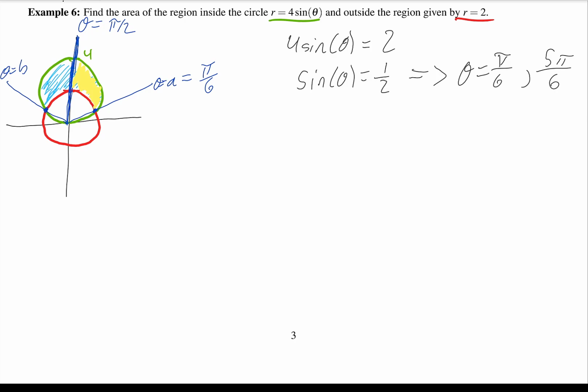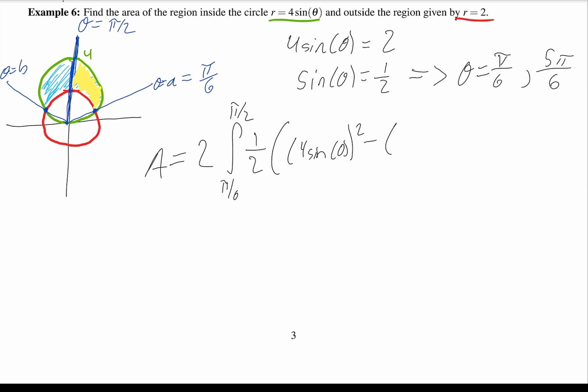Okay, so just like I was saying before, our area will be 2 times the integral from pi over 6 to pi over 2. And now we use our formula, which is that this should be 1/2 times, so we take the function with the bigger radius, so that's our green one, so that's 4 sine theta, and square it, and then do minus the one with the smaller radius.